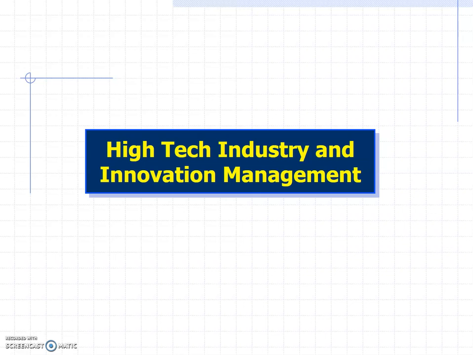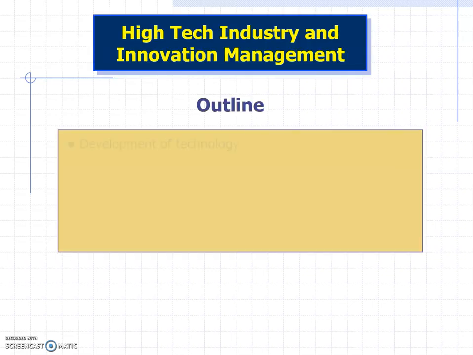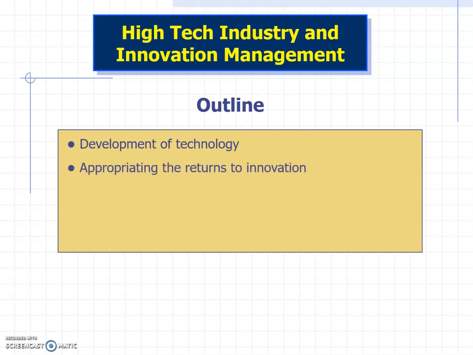Today we'll be talking about high-tech industry and innovation management. So let's get started. Today's outline: we will talk about the development of technology. We'll also talk about appropriating the returns to innovation, that is, how we can capture the value of an innovation.